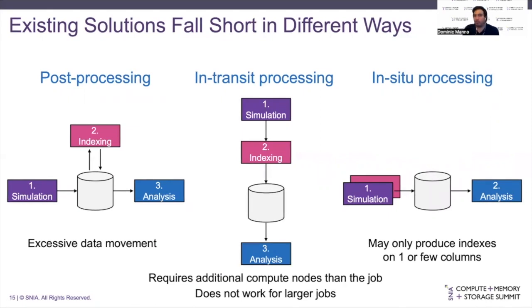And when you require that, the large jobs become restricted, and they can't run as large as they want. In situ processing is valuable. This is sort of calculating a small amount of index within the application. But this is limited by only producing a small set of valuable indexes.